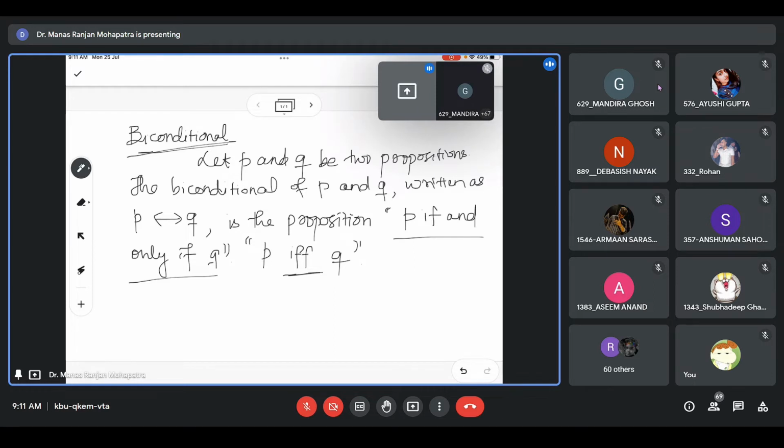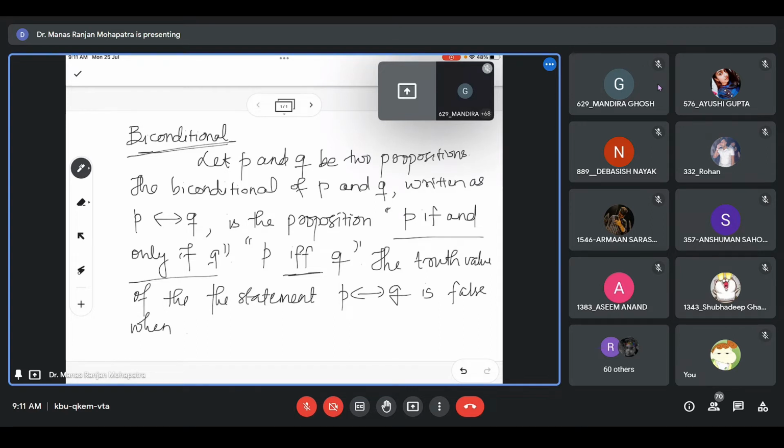Now the truth value of the biconditional statement P double implication Q is false when exactly one of them is false, otherwise true.